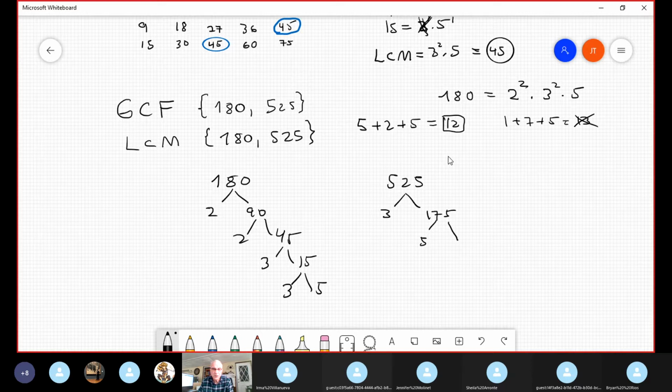Okay, now, when you put 35 in a calculator, I break it down like 5 and 7, right? So the factorization of 180, I copy again: 2 squared, 3 squared, and 5 to the 1 power.